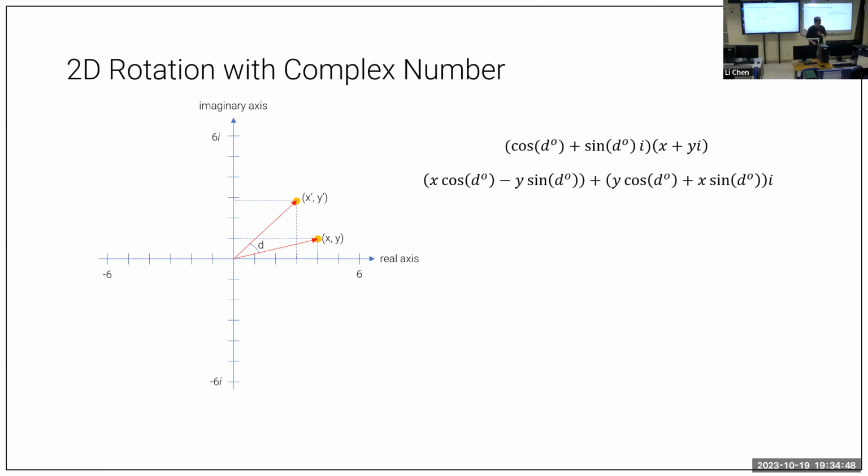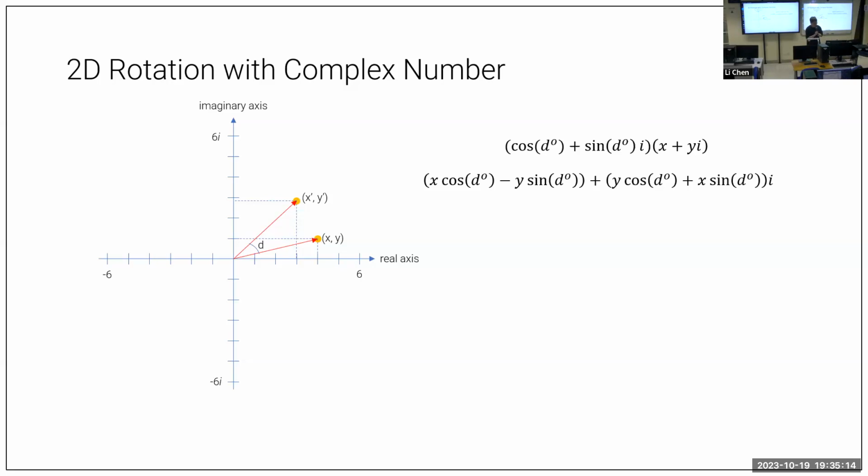But this 2D plane is a little bit tricky, because it has an imaginary axis. It's not the typical x and y plane. So this point is 0, 6i, not 0, 6. Very straightforward, right?